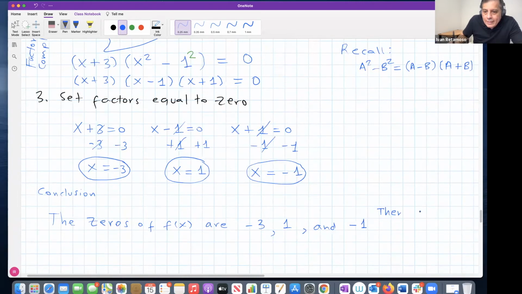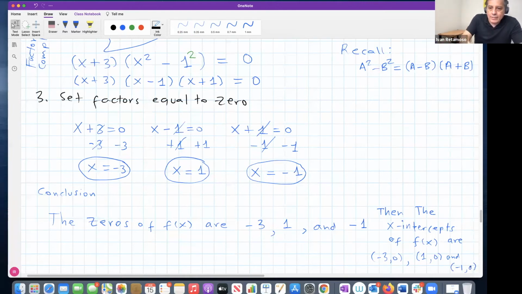I can say that then the x-intercepts of this polynomial function f of x when graphed will be these guys, -3, 0, 1, 0, and -1, 0.